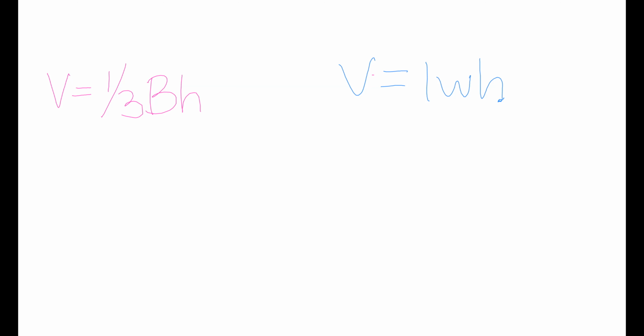If it's easier just to remember length times width times height, keep it at that one. Okay. Because we're trying to remember the least amount of stuff as possible. So you're still probably going to have the correct answer. So we could say either one of these.